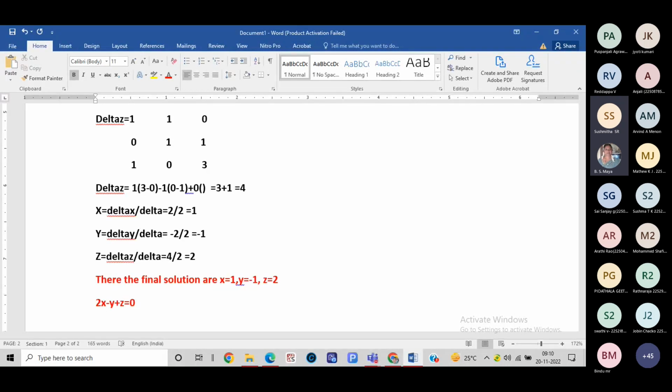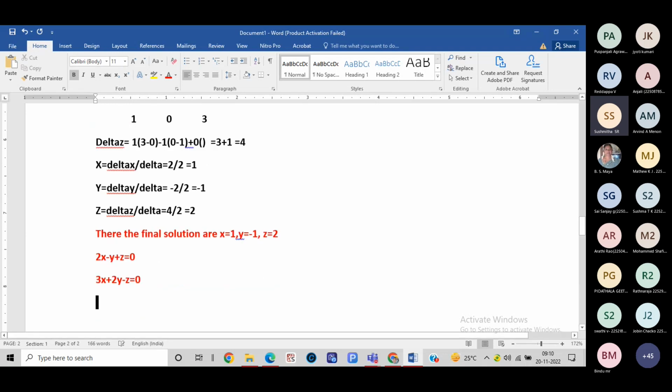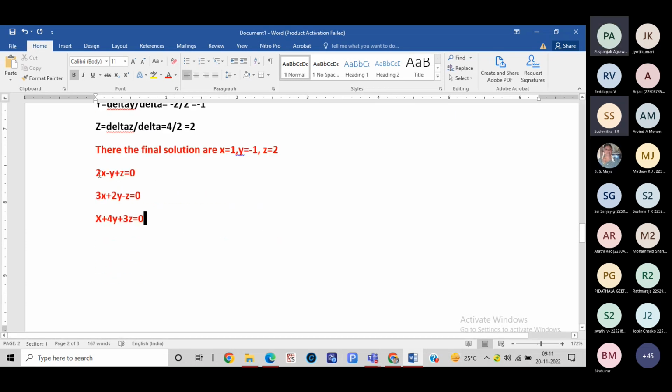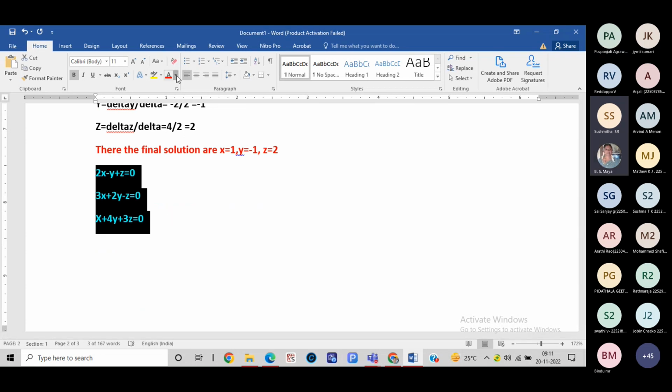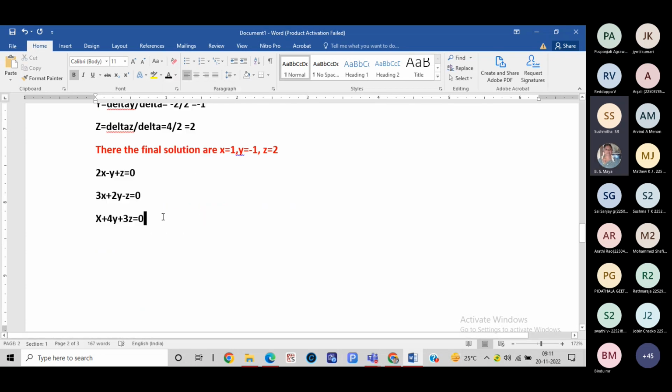How to say the given equation is homogeneous? The right hand side of all the equations are what? 0. 3z is equal to 0. So now the first step is what? Everyone should know.